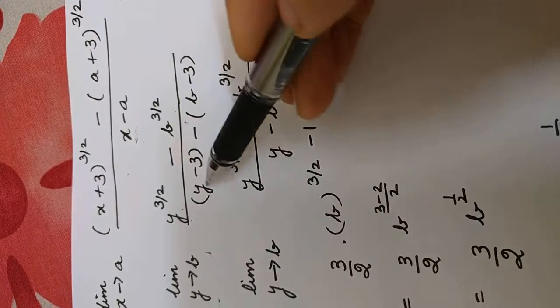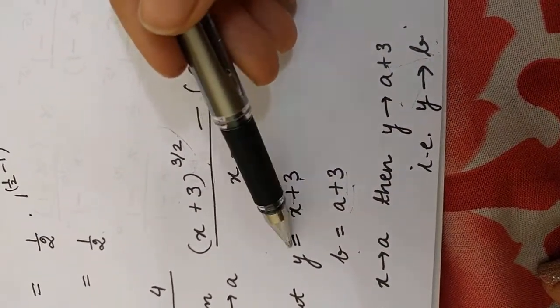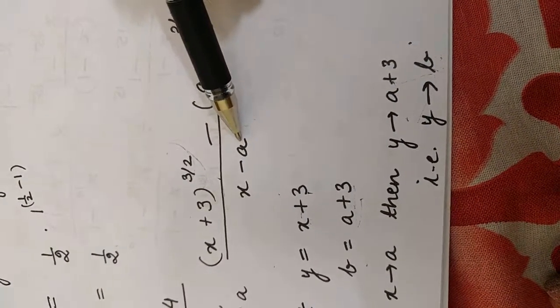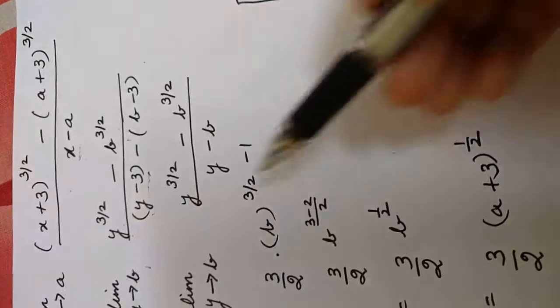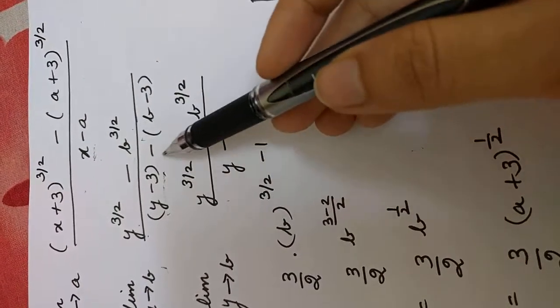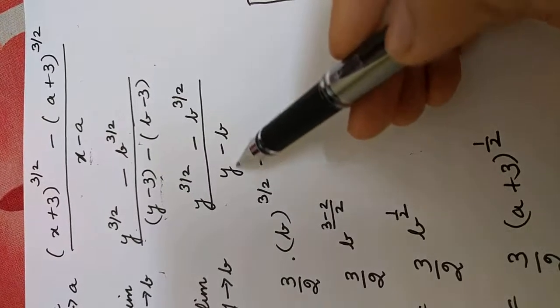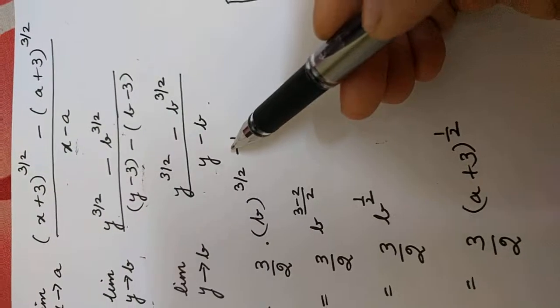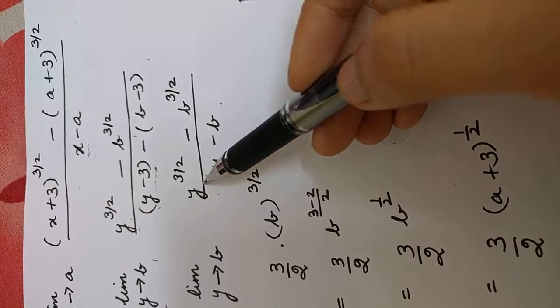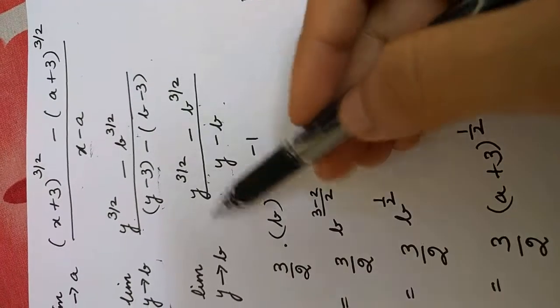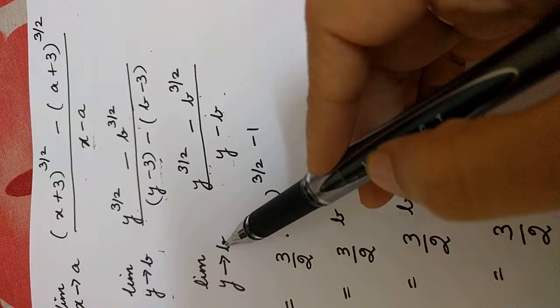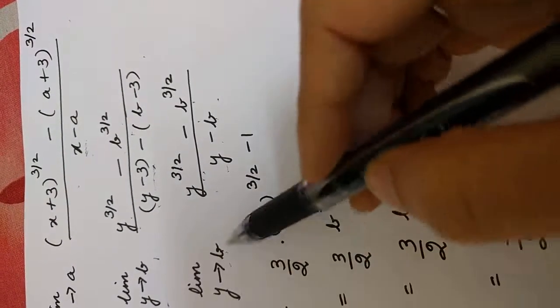Now x is y minus 3 and a is b minus 3. So the denominator will be y minus 3 minus b plus 3, so it's y minus b. So we have broken it into the form of x to the power n minus a to the power n upon x minus a, limit x tends to a.